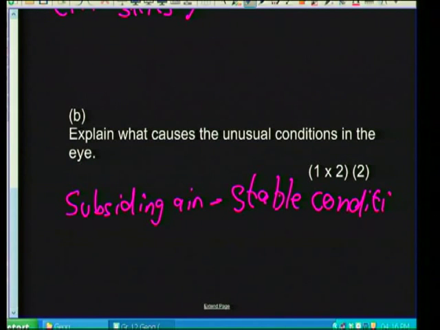That is why we have our clear skies, etc. Okay, let's look at the next question.